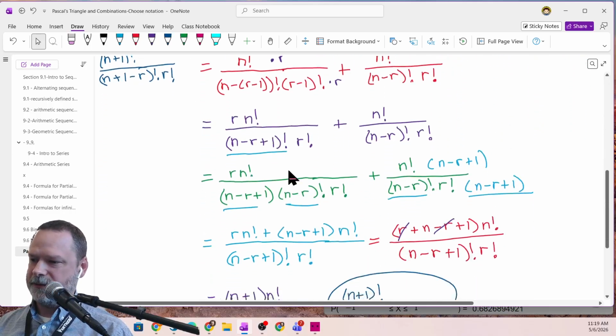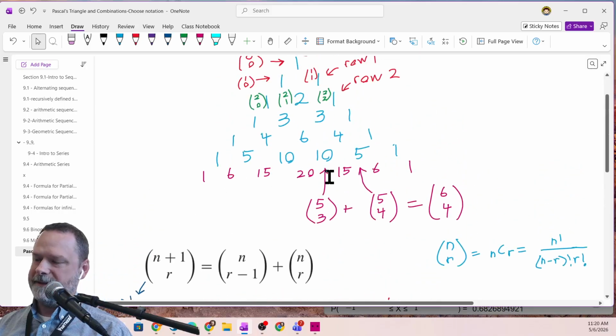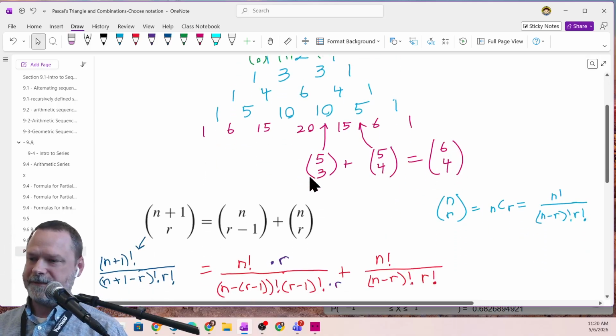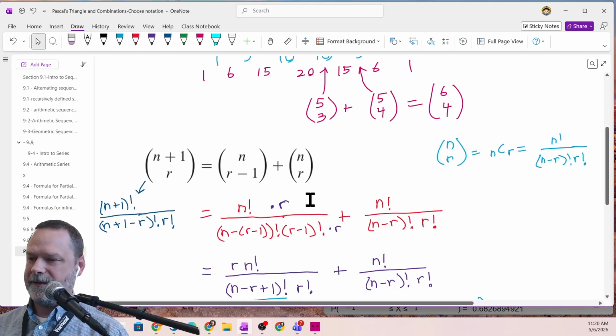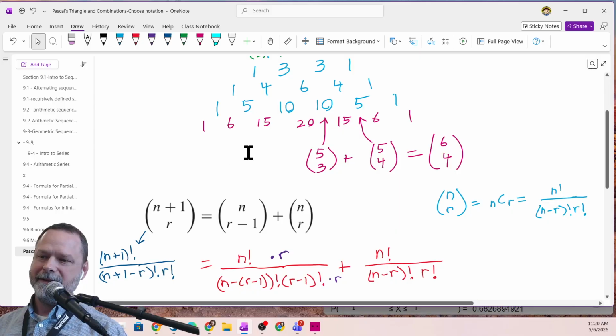And we just proved that it is, which means when we add two terms in our Pascal's triangle, to get the one down below it in the middle here, like 10 plus 5 is 15 or 10 plus 10 is 20, that is getting us the next row for our combination. It's getting us our next values for choose notation.